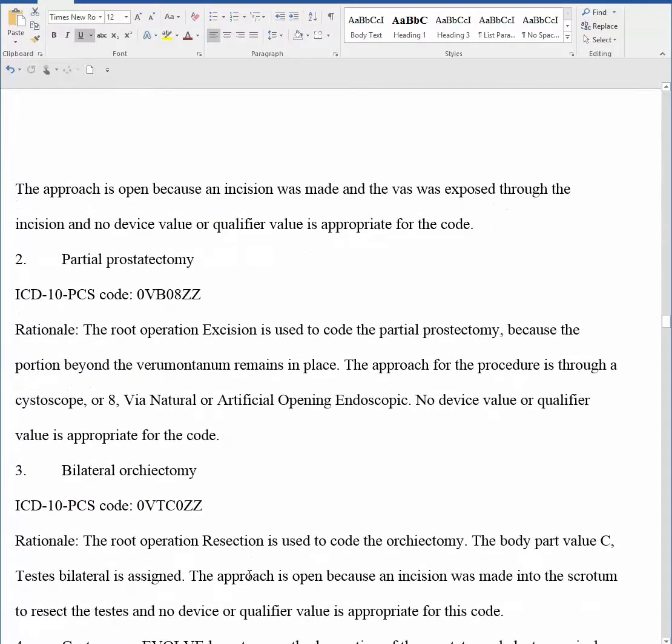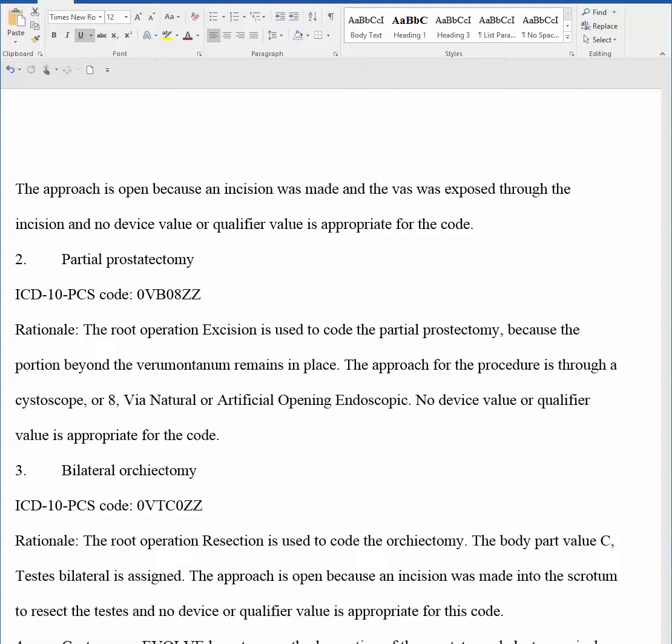Number 2, partial prostatectomy. Again, we know the anatomy. We also know the word partial. So if it's not the entire prostate going in, we would not code this to the root operation of resection. This is going to be the root operation of excision.